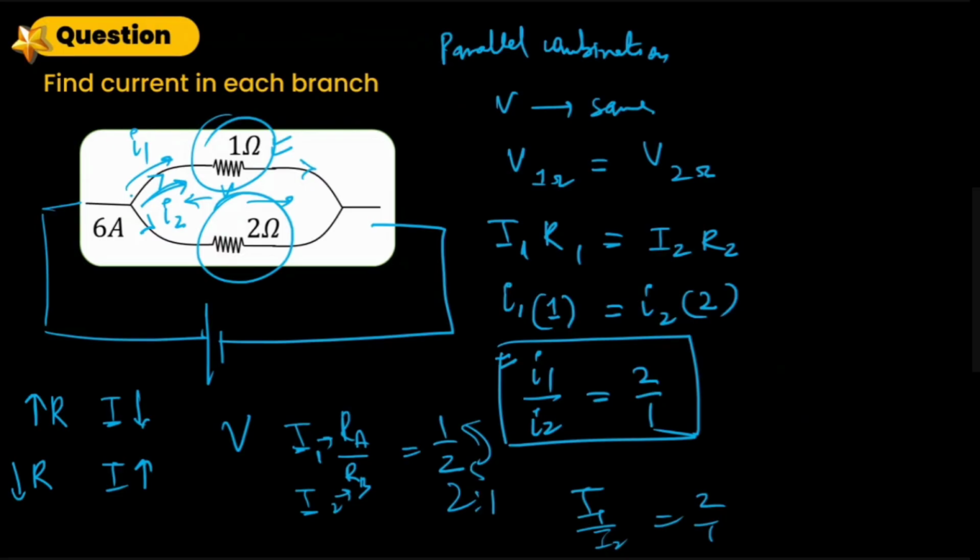We have to divide 6 in the ratio 2 is to 1. So 6 must be total, like 66% and 33%. 66% of 6 is nothing but 4, and for the 1 part it is 33%, which is 2. So the current in each branch is I1 equal to 4 ampere and I2 equal to 2 ampere.